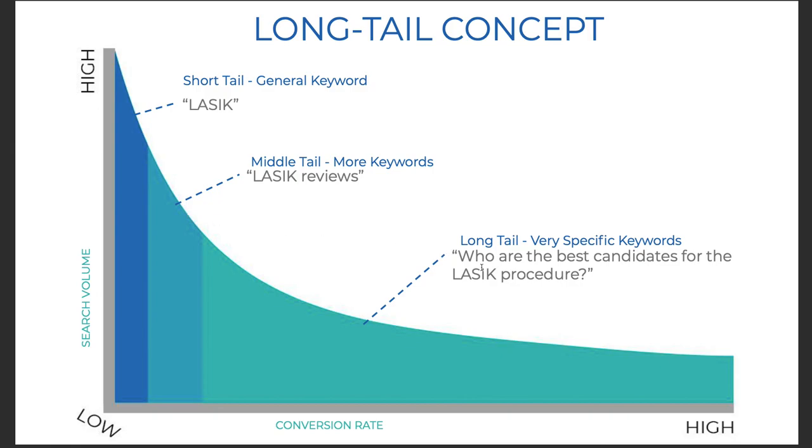Now, if they're searching by voice, for example, and they're like, who are the best candidates for LASIK procedure or LASIK reviews for the top surgeons in my area, really long tail, that's more specific. And with the advent of voice search a few years ago, SEO has really evolved quite a bit in the last 3 years. 2 years ago, 25% of all mobile search was done by voice.